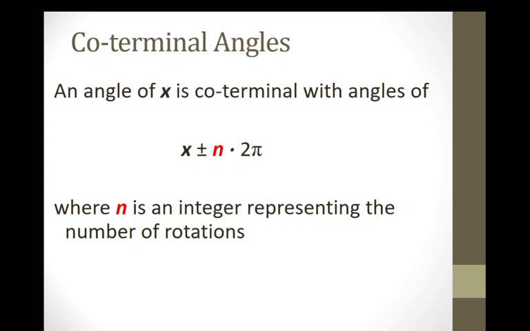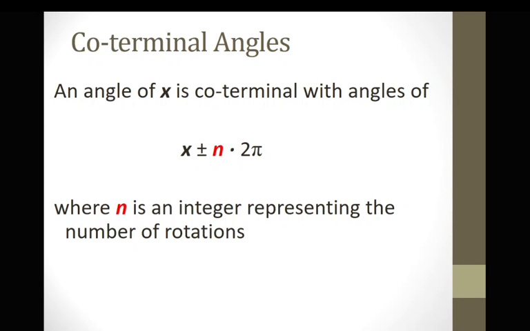You're going to add or subtract 2 pi. So this is the exact same equation. The only difference, instead of 360 degrees, it says 2 pi. And n is still the number of rotations. So basically, we're just going to be adding 2 pi over and over again.